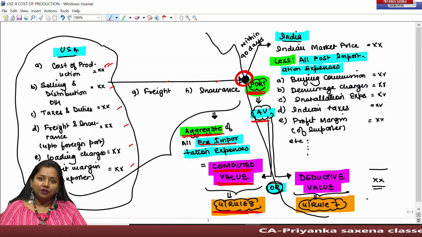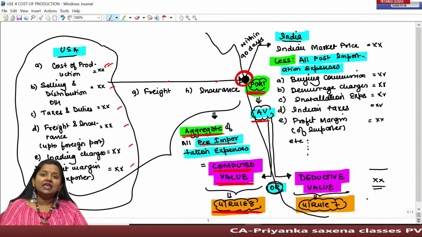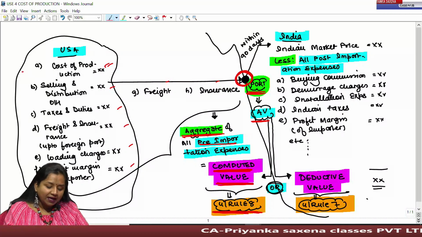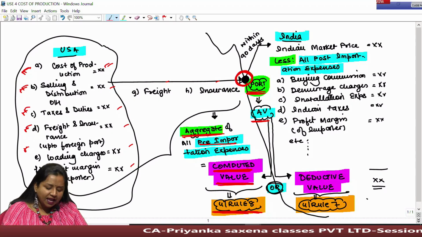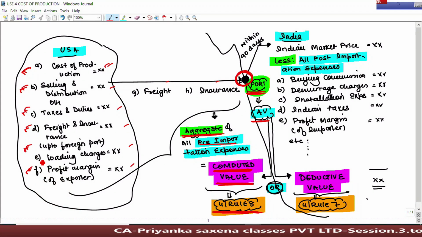Therefore, under Rule 8, we are asking the exporter to provide us the breakup cost of each and every expense incurred by him on exporting such goods.